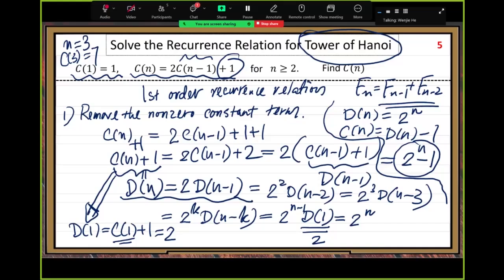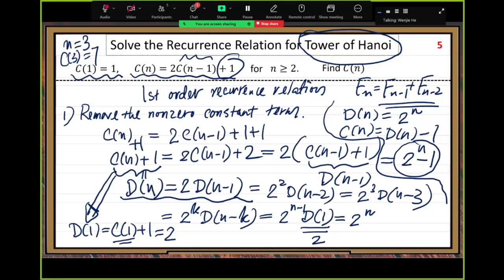All right. So from this example, try to understand how to solve a basic linear recurrence relation. In this one, first we try to eliminate that non-zero constant term to make it simpler.